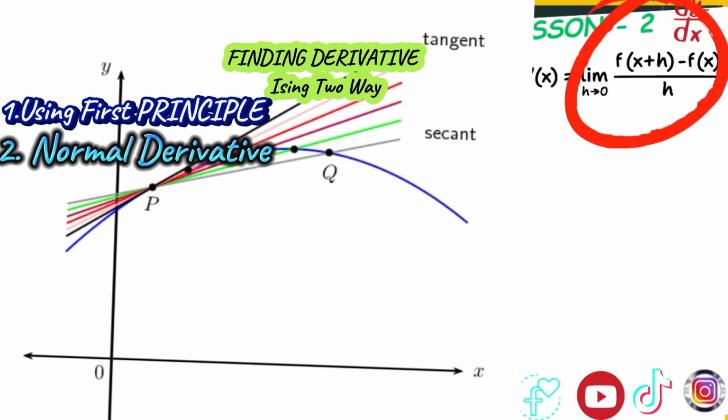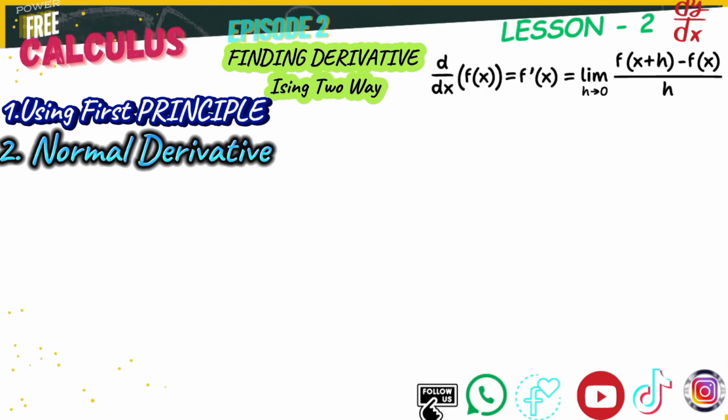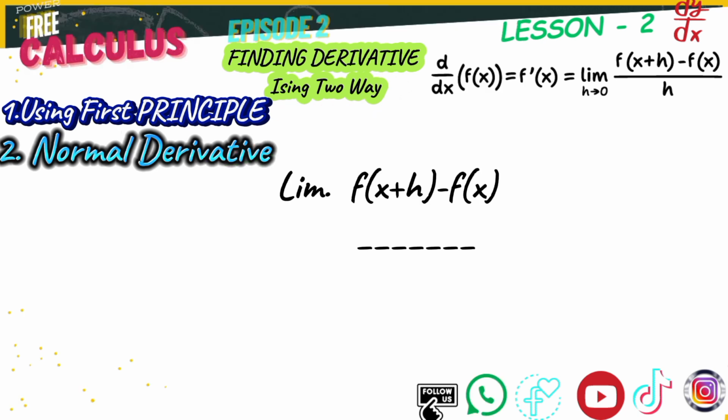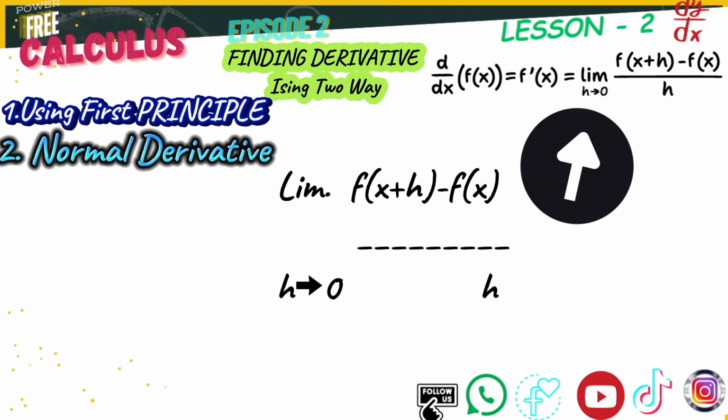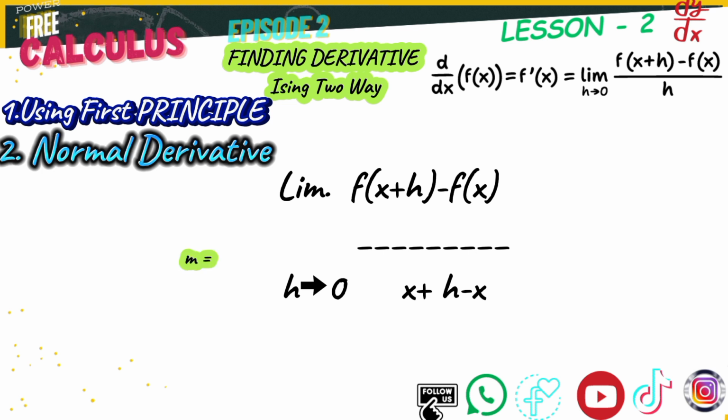This is the formula for finding the gradient of a tangent given 1 point. And then when we're deriving it, it brings us here. The gradient is equal to f of x plus h, which is the value here.